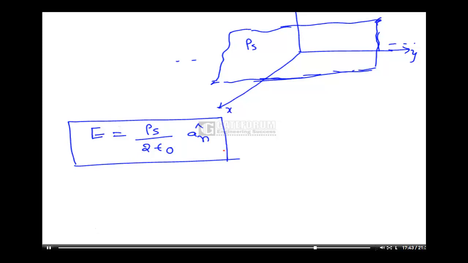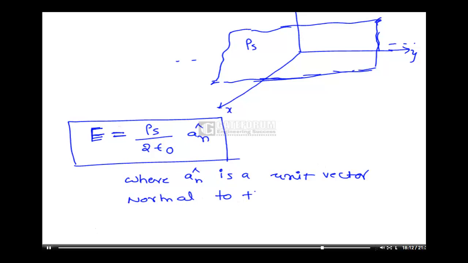The electric field intensity due to this infinite surface charge density is given by rho s by 2 epsilon naught a n cap, where a n bar is a unit vector normal to the sheet.